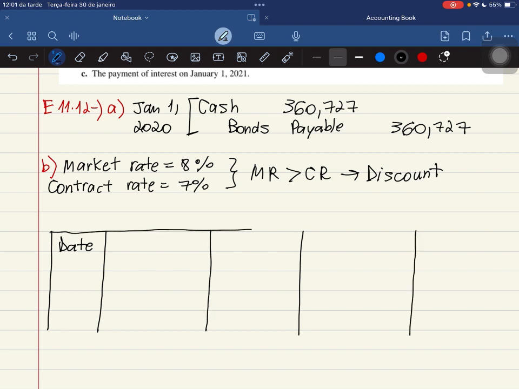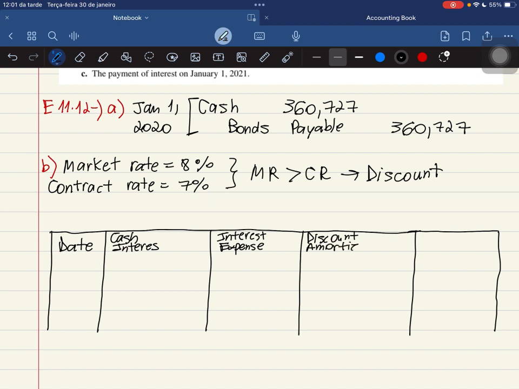The first one is the date, followed by the cash interest, the interest expense, the discount or premium amortization, in this case the discount amortization, and the book value of your bonds payable.